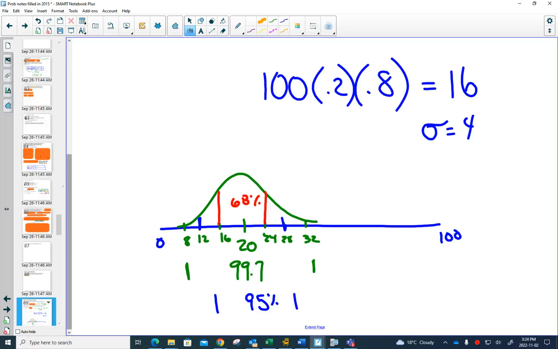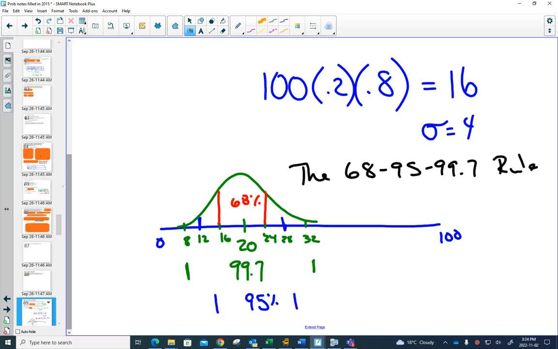And this is so important that they even made a rule to help you remember this. Does anybody know what the rule is called? It is called the 68, 95, 99.7 rule. It's a great rule, eh?